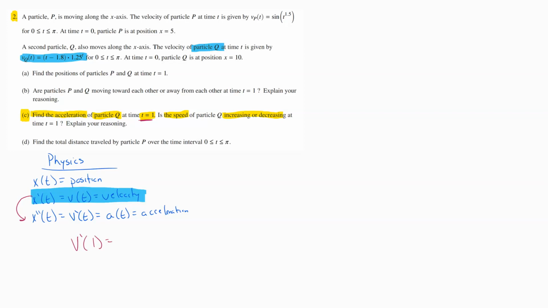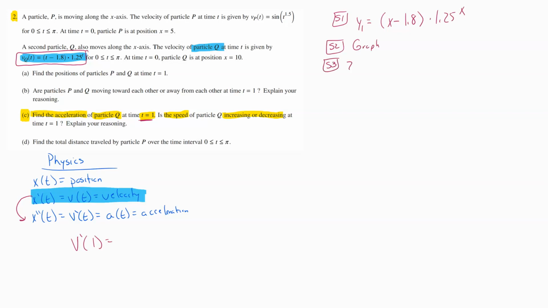So we'll do it in the calculator. Step 1 is in y1, you're going to put that original velocity equation. Instead of t's, we're going to type in x's, so this would be x minus 1.8 times 1.25 to the x. From there, you'll go ahead and graph that equation.